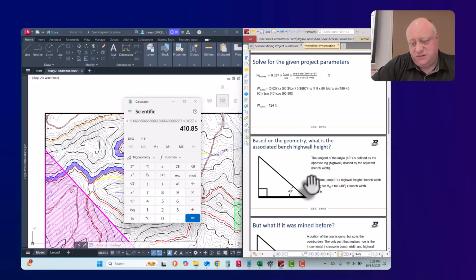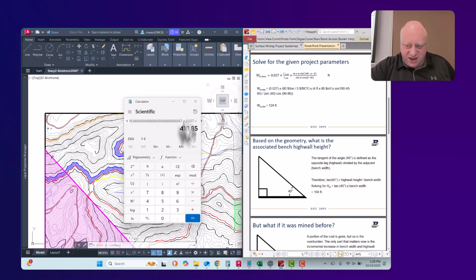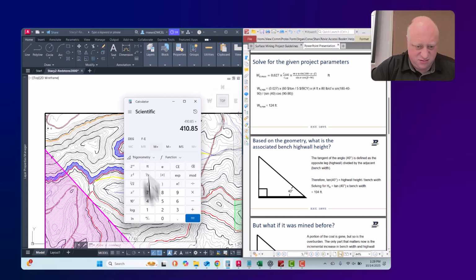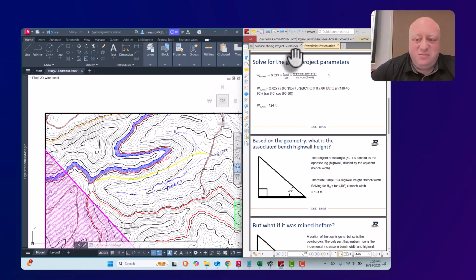So we're going to take whatever we just got, 410, and multiply that by the tangent of 18, and that's 133 feet. It's more than I thought it was going to be.